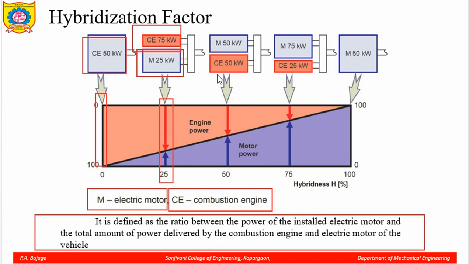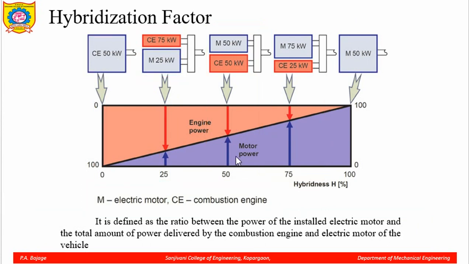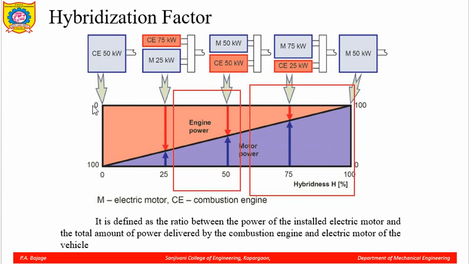Again you have 50%, that is in this case 50% of the power comes from the electric motor and 50% comes from the IC engine. The next case is 75% from the electric motor and 25% from the IC engine. So this clearly decides the degree of hybridization. So you can call this a full hybrid. This is mild hybrid and this is the micro hybrid criteria.